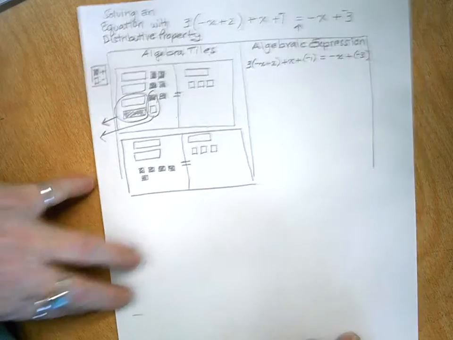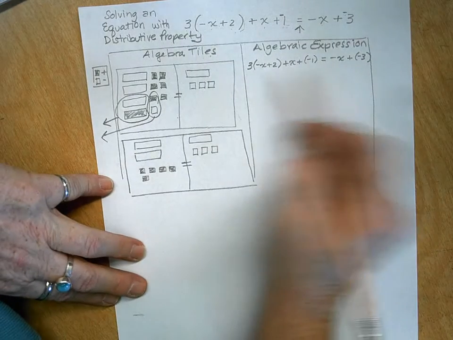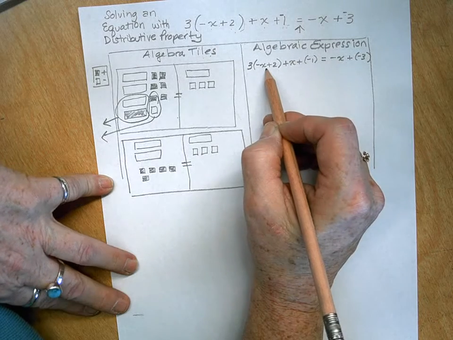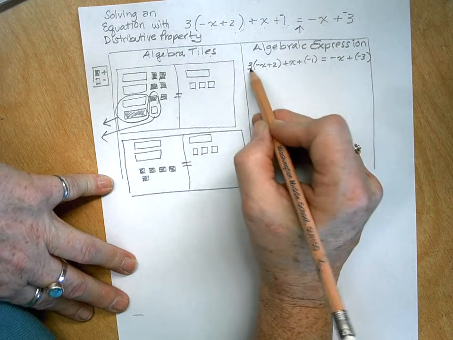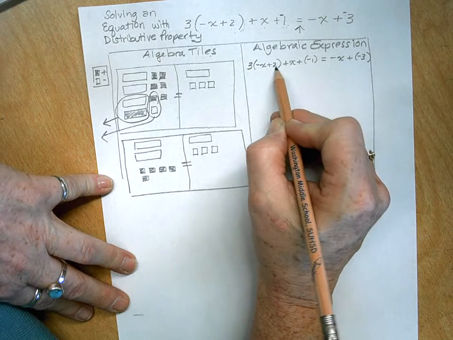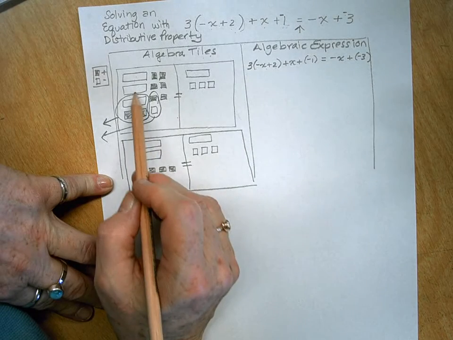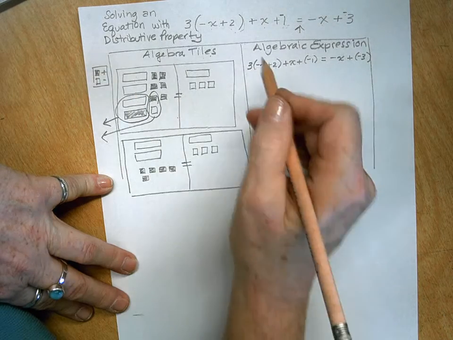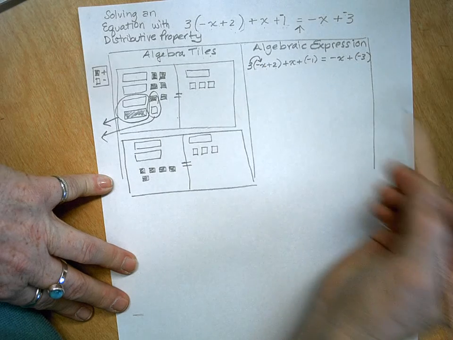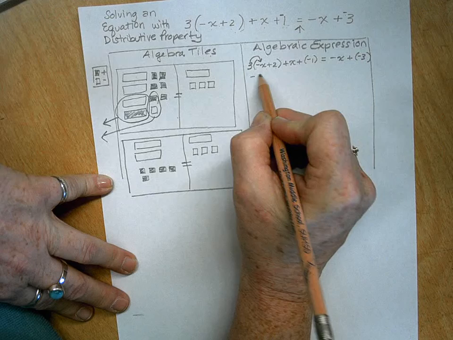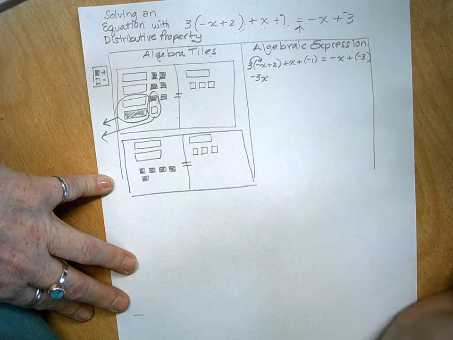Okay. Over here, the first thing I need to do is use the distributive property so I can start taking out 0 pairs. So I have 3 groups of negative x plus 2. I already know that means I have negative 3, but the way it works with distributive property is I multiply my 3 times that negative x, and I get negative 3 x's.